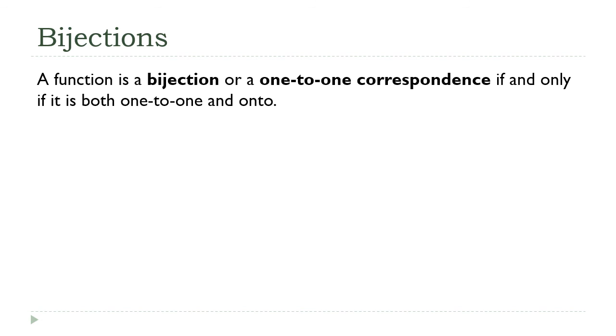I've got one more definition here, and I'm not going to belabor this one because it's pretty straightforward. A function is a bijection or a one-to-one correspondence if and only if it is both one-to-one and onto. It meets both of the new definitions that we talked about, one in this lecture and one in the last one.